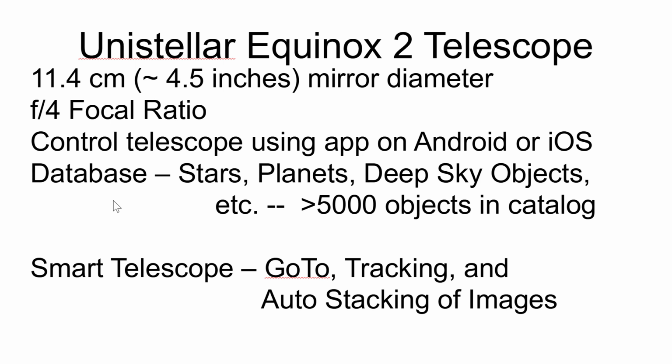The telescope is altitude azimuth, but once you go to an object, the telescope will remember that object and will track. The telescope will take an image. I'm not sure exactly how long it exposes, 4 or 5 seconds, and then the telescope will move slightly because the sky, from our point of view, is moving due to the rotation of the Earth.